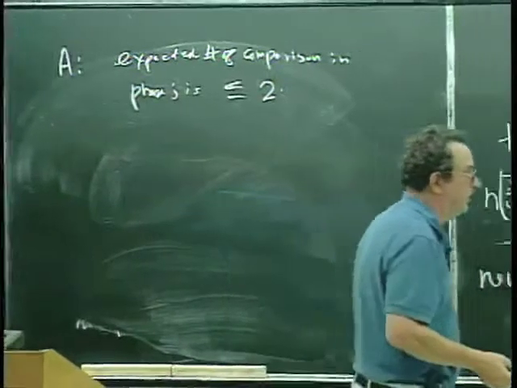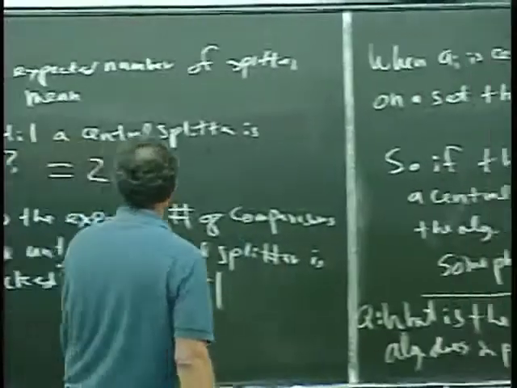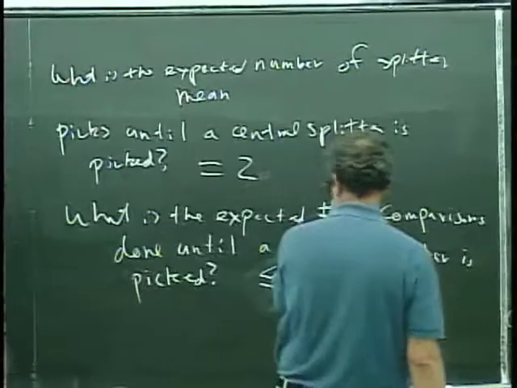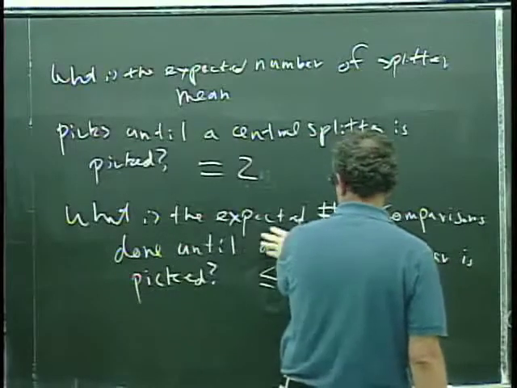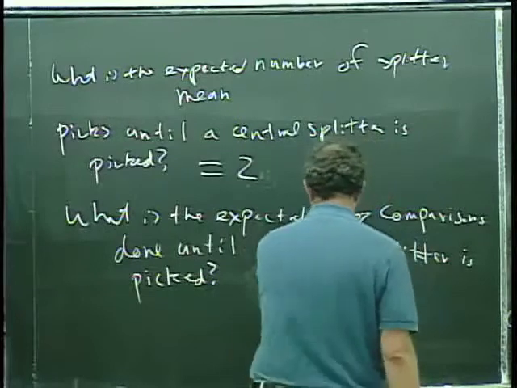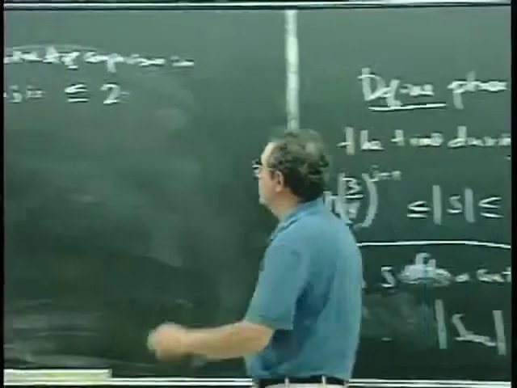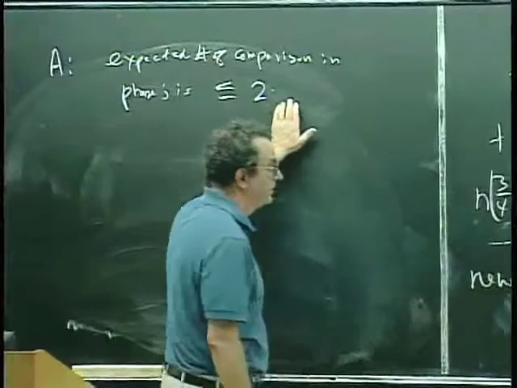Then you're out of phase j, and while you're in phase j, the expected number of comparisons until a central splitter is picked is less than or equal to 2 times S. So what can I use for S here?